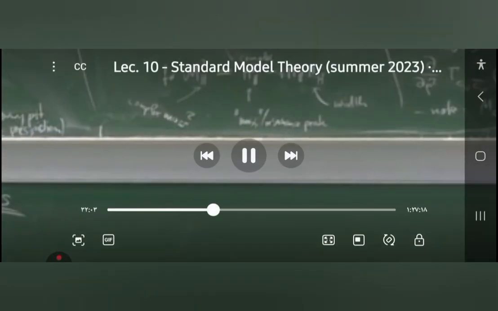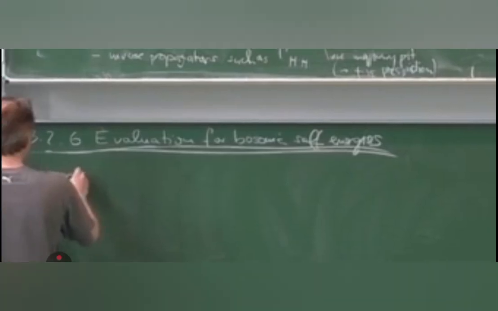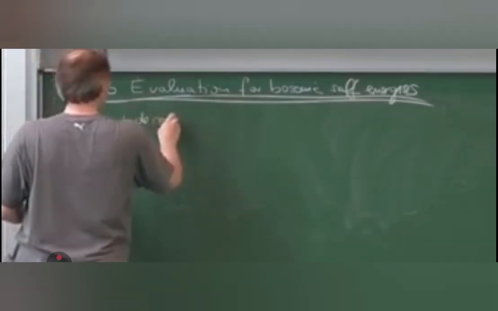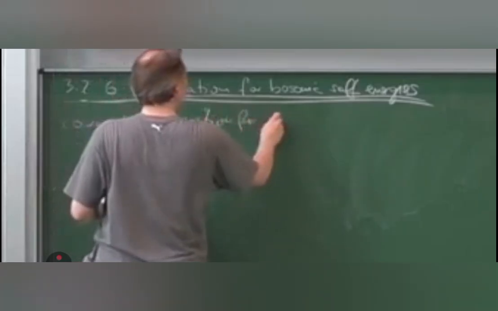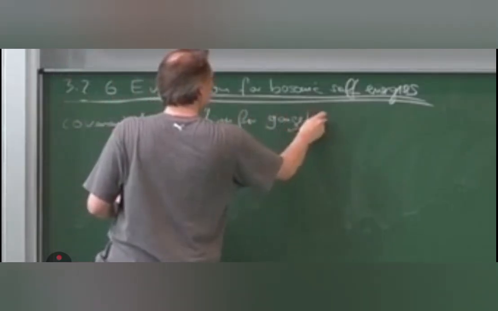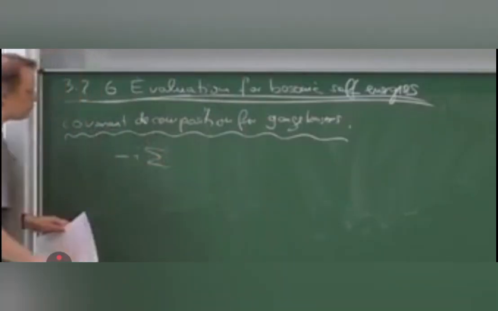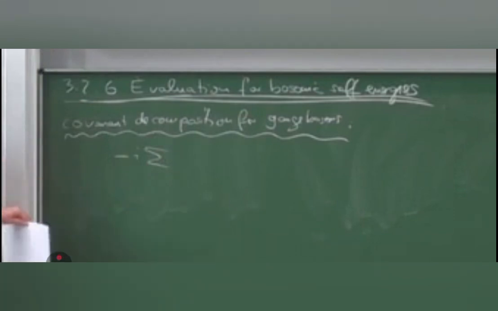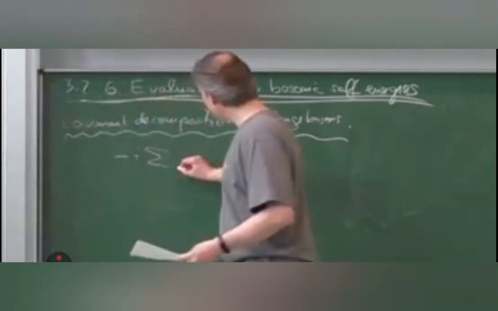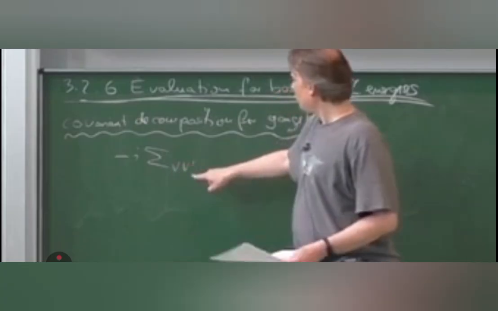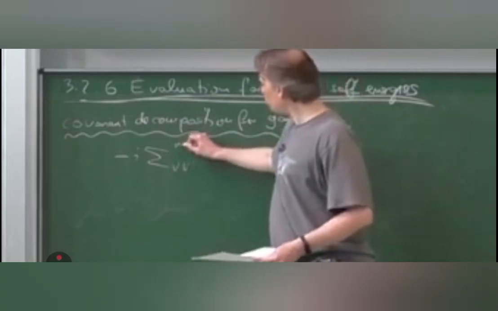And in order to deal with them, we do a covariant decomposition. We also did that in QED, but let me write it down. Here we do it differently than in QED. Let me write it for the self-energies with or without hat. Let's write it without hat. It applies to both cases. Sigma VV' mu nu of q.